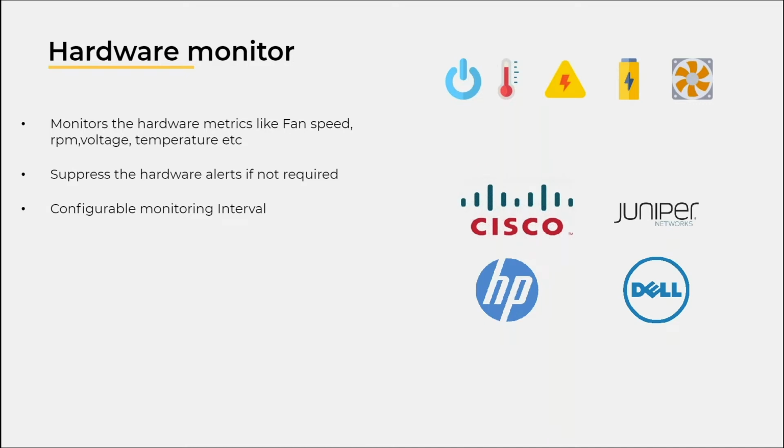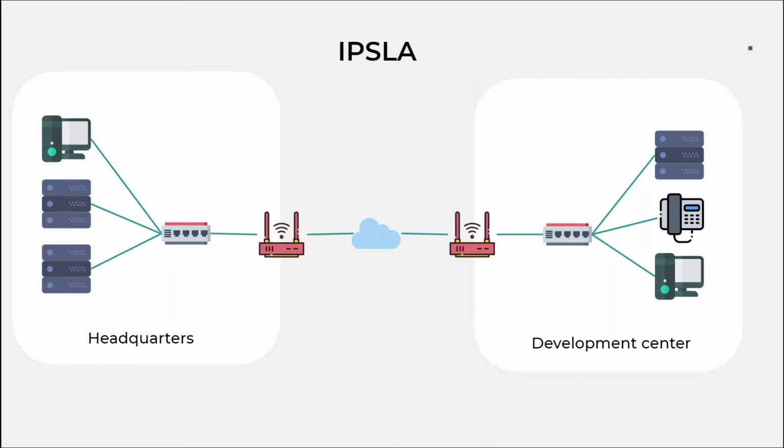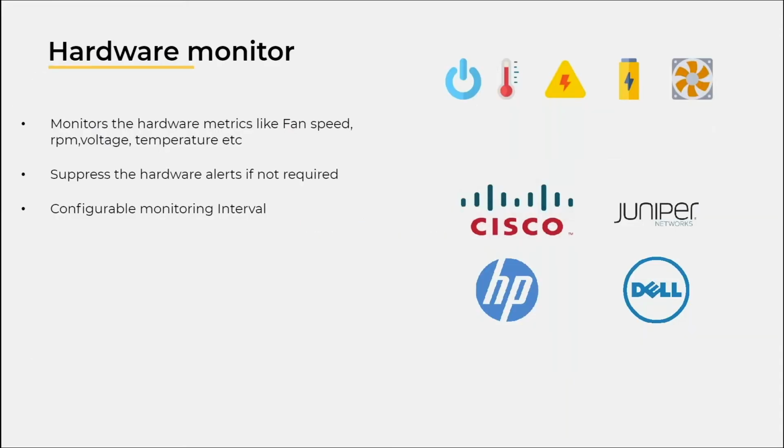So for now, when it comes to network devices, we extend the support for hardware monitoring to the Cisco and Juniper devices. And when it comes to servers, we extend our support to HP and Dell servers. Let me take you to the UI and let me show you how to enable the hardware monitoring first.